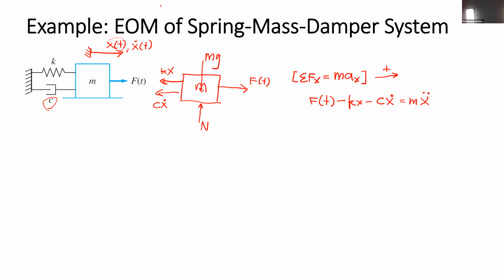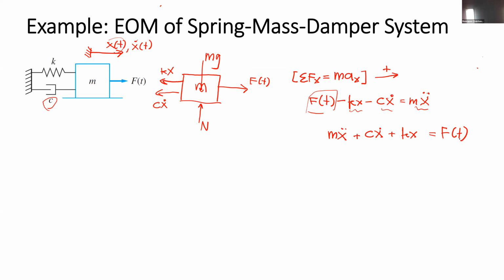So we just rearrange the equation to separate the terms of the generalized coordinate on the different side of the input. So we're gonna have mx dot dot plus cx dot plus kx equal to ft.